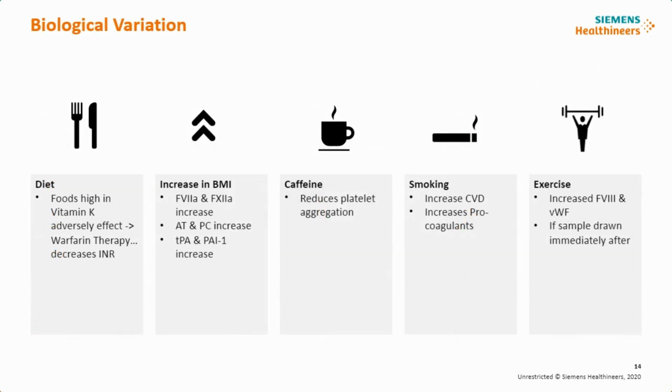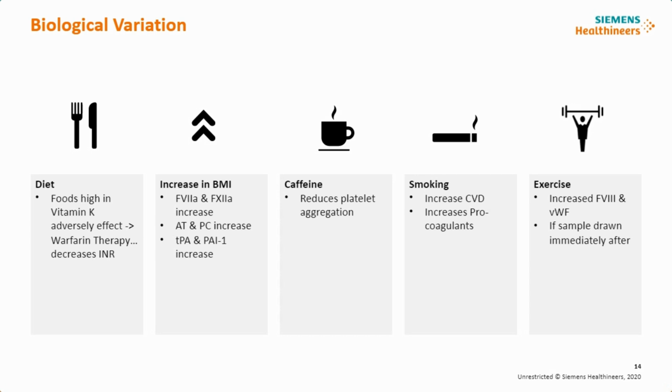We also have to be cognizant of biological variations. For example, if a patient has a high vitamin K food diet, that could potentially adversely affect the vitamin K antagonist therapy, therefore decreasing your INR, resulting in perhaps under-anticoagulation, and therefore needing to up the dose of warfarin therapy. Caffeine.